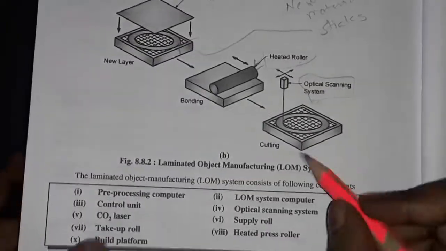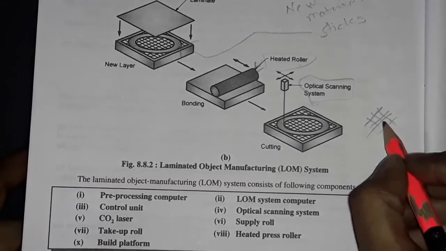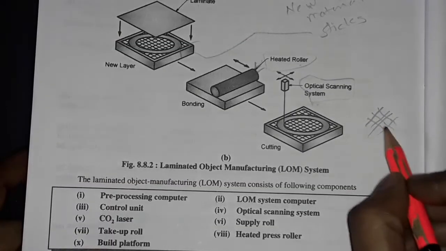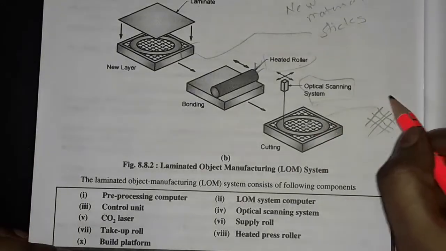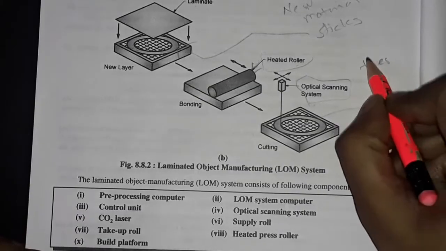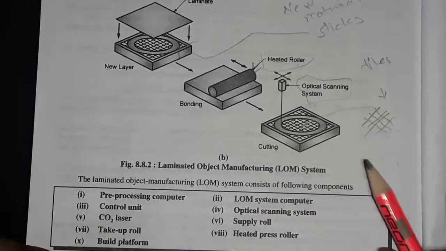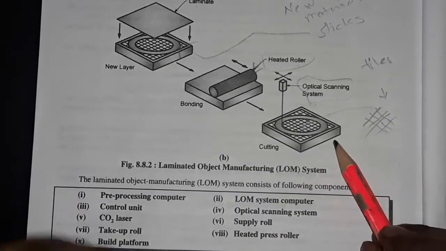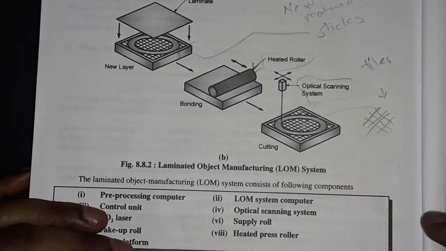As you can see, these are the hatch parts, also called tiles. They support the object during the building process and can be removed after the building process is completed.